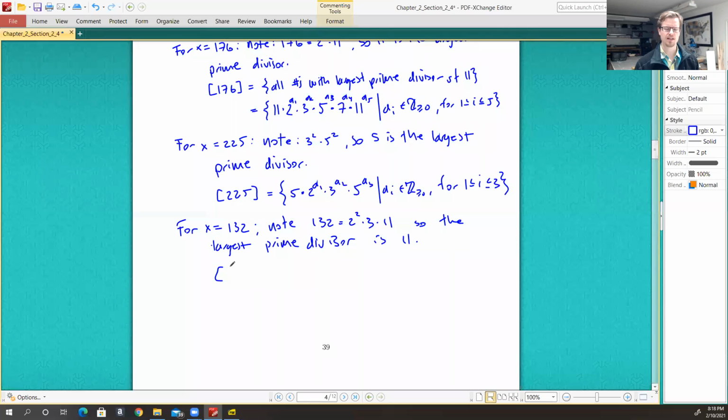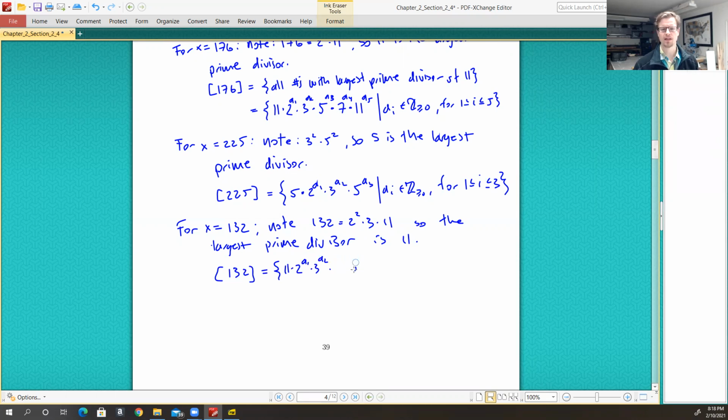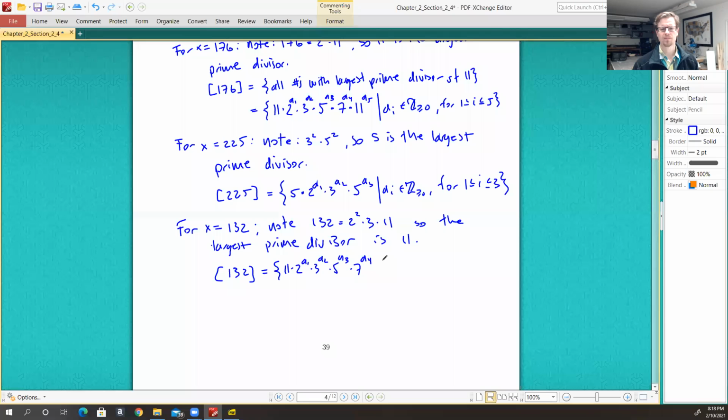So the equivalence class containing 132 is the set of numbers that can be written in this way: 11 times 2 to the a sub 1 times 3 to the a sub 2 times 5 to the a sub 3 times 7 to the a sub 4 times 11 to the a sub 5, where a_i is non-negative, and we're looking at all of the i's from 1 to 5.